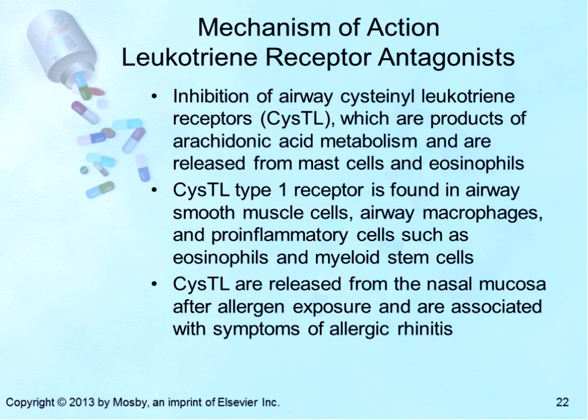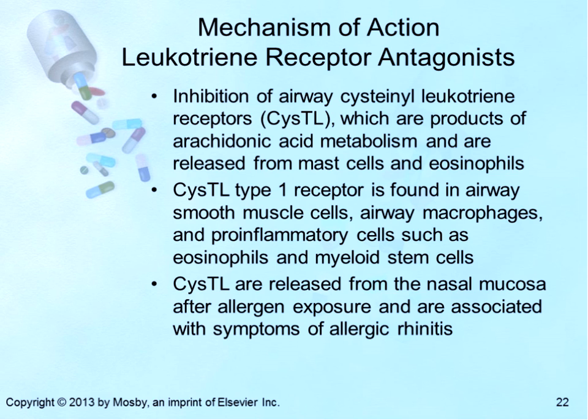For the leukotriene receptor antagonist, montelukast sodium, a leukotriene receptor antagonist causes inhibition of airway cysteinyl leukotriene receptors, the CysLTs, which are products of arachidonic acid metabolism that are released from mast cells and eosinophils. Again, the eosinophils are what we see in allergic reactions.